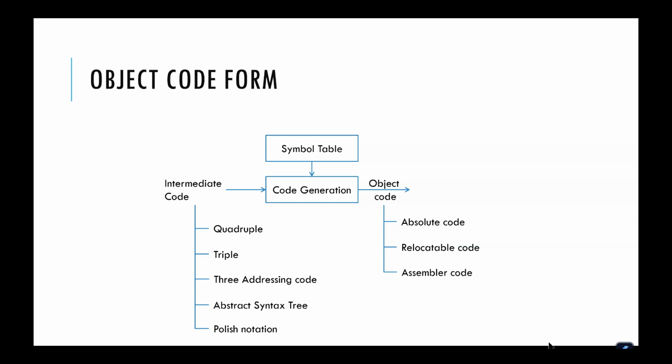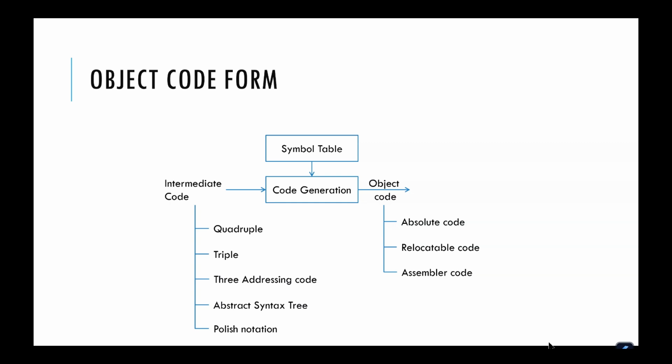But generating assembly code makes the code generation process slower, because linking and loading is required for the assembly program. That is about the object code forms.